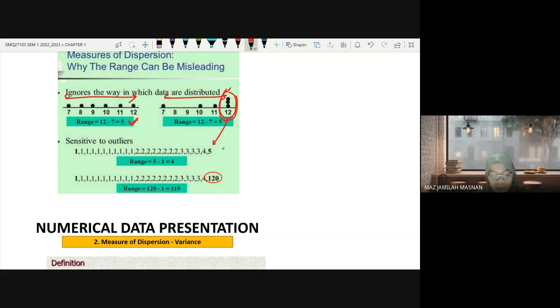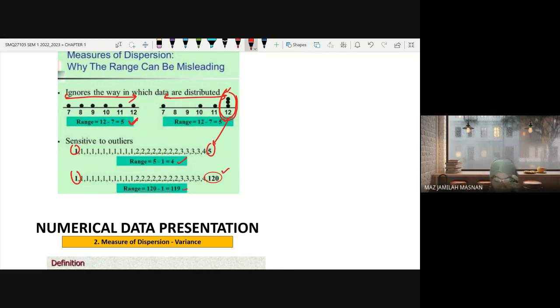The second is 1, 2, 3, 4, 120. In the first, the maximum is 5 and the minimum is 1, so the range is 4. In the second, the minimum is 1 and the maximum is 120, so the range is 119.